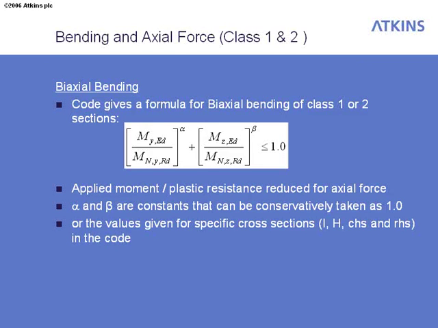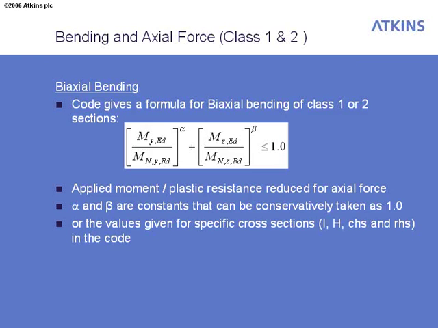Basically that just takes the applied moments in each direction and divides by the plastic resistance in that direction as well. And this plastic resistance is then the resistance that has been reduced for the axial load as well. The alpha and beta constants that are given up there can conservatively be used as 1, or you can calculate them in a bit more detail.